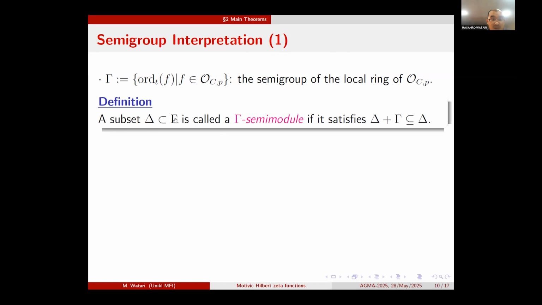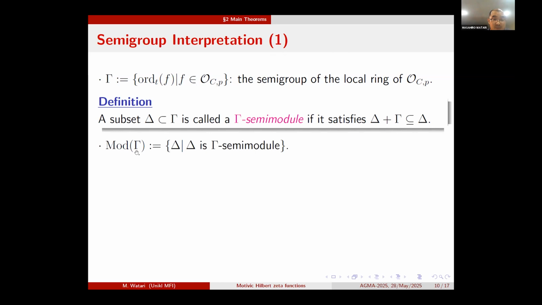A subset delta of gamma is called a gamma semimodule if it satisfies delta plus gamma contained in delta. When this relation holds, we call this delta a gamma semimodule.